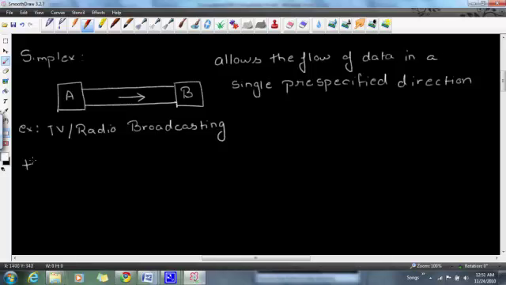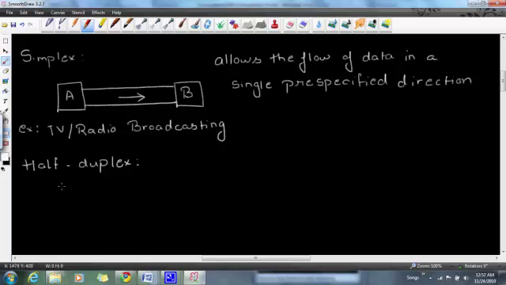Half duplex transmission mode, or the half transmission mode as we know it, allows the flow of data from either of the two parties, but at a given point of time only one party can send the data to the other party.